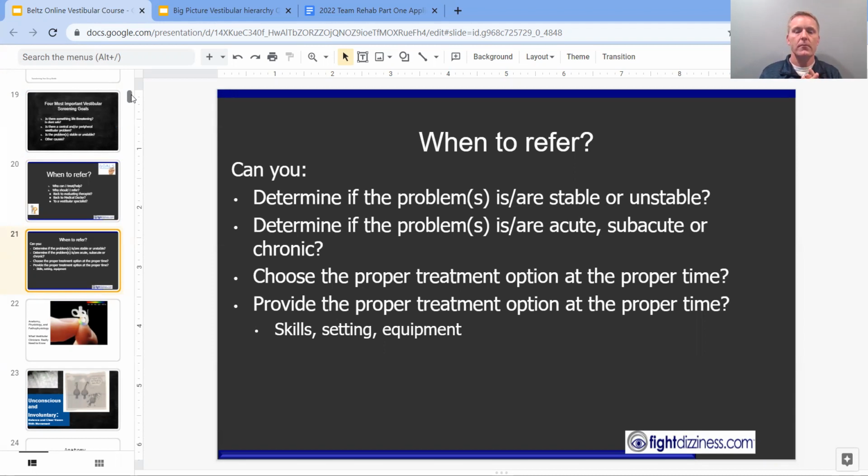So if you're the therapist, can you tell if a person is dizzy, if it's due to their inner ear and or their brain and or their heart and or their eyes and or their neck? Can you tell when the problem is stable, when it's unstable? And can you figure out which type of therapy to provide at the right time?